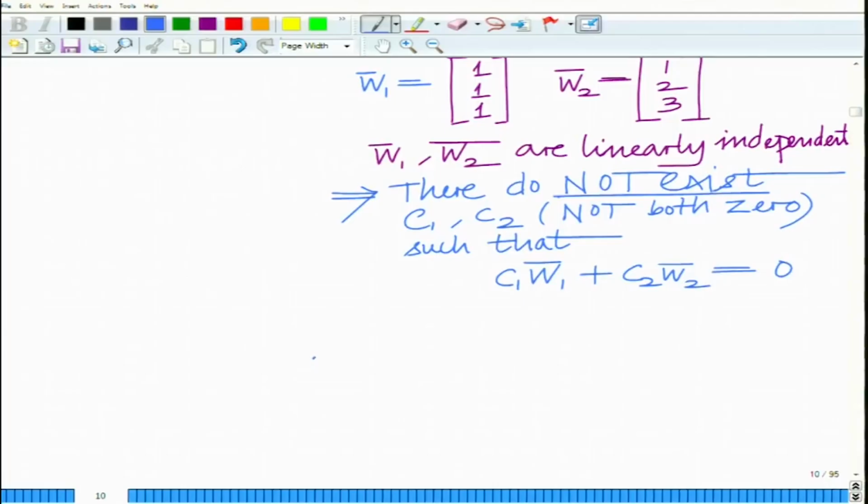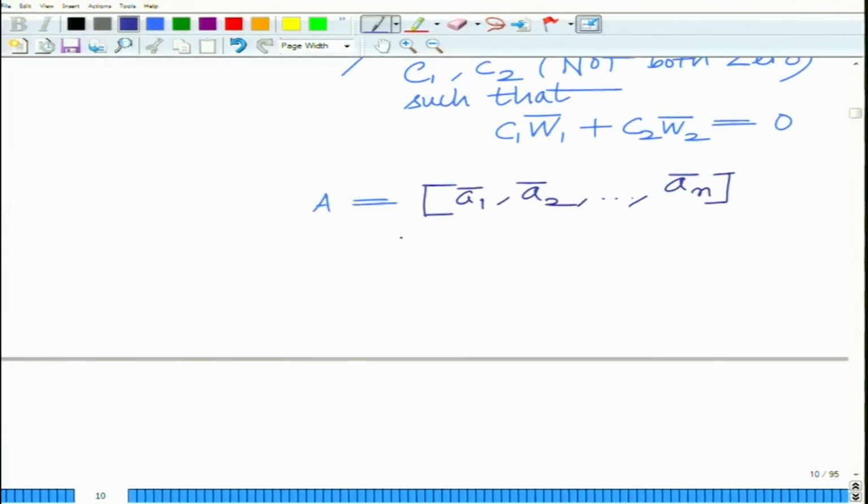Now, if you go back and look at the matrix A, one can use this concept of linear independence to define the rank of the matrix A. So, let us go back and look at the matrix A. Remember, it is an m cross n matrix, so you can either look at it as n columns, or you can look at it as m rows. Okay.